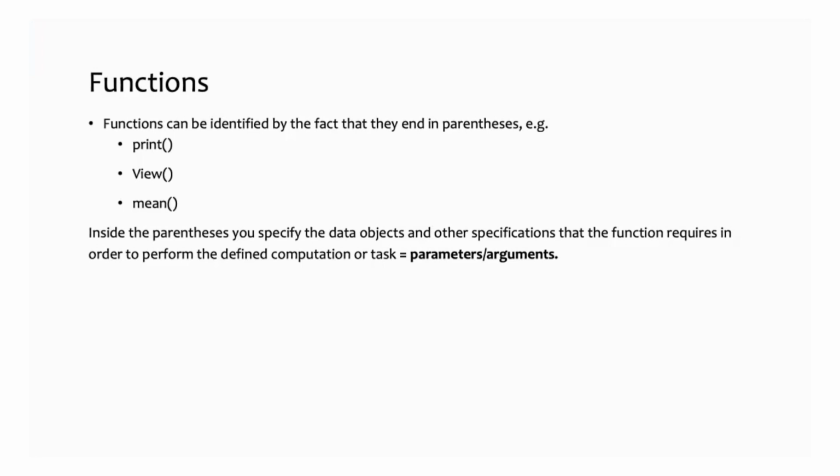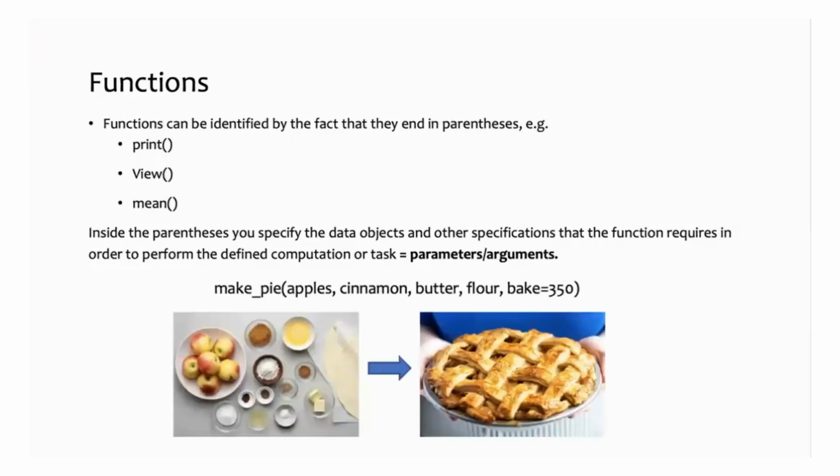And so all of the things that you put inside the function that the function will refer to in the performance of that operation are called parameters or arguments. So in this same example, in the make pie function, everything inside of the parentheses is a parameter or argument.